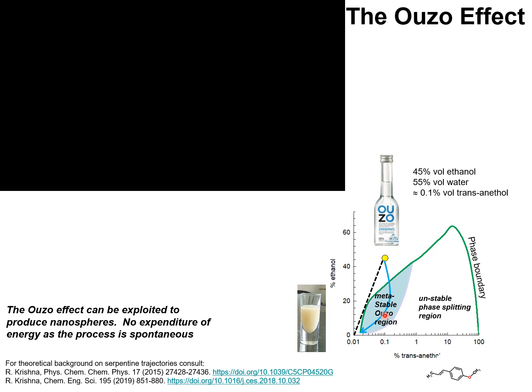In other words, a prerequisite of spontaneous emulsification and the formation of cloudy metastable Ouzo regions and dispersions requires a serpentine equilibration trajectory to be followed. The background theory why the equilibration trajectory is serpentine in character is described in my two papers that are listed here.